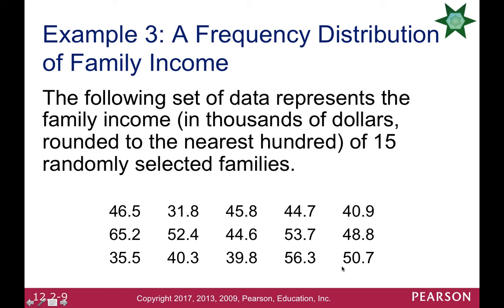All right, so here's example number 3, a frequency distribution of family income. And if we look here, that's the data points. We have 46.5, 65.2, 35.5, 31.8, 52.4, etc., etc., etc. So the first thing that I would do is I would rearrange the data from lowest to highest.